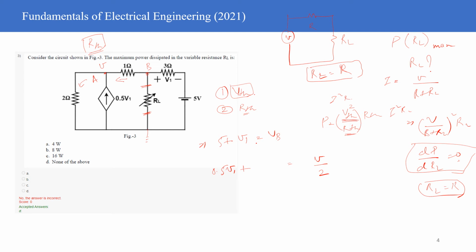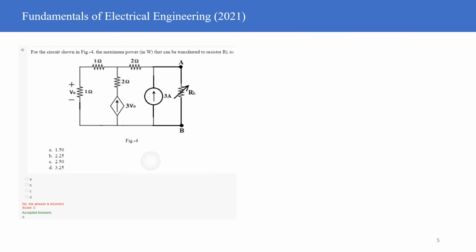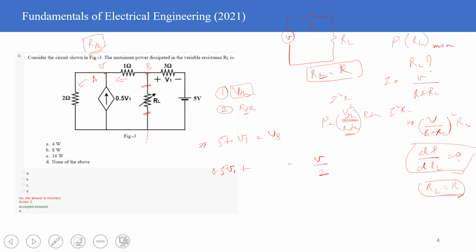Right, correct. This is the correct expression which you have mentioned. So this is 0.5 V1, and then you are taking it equal to here. Since the current direction I've taken is like this, it will be VB minus VA divided by 1 ohm.